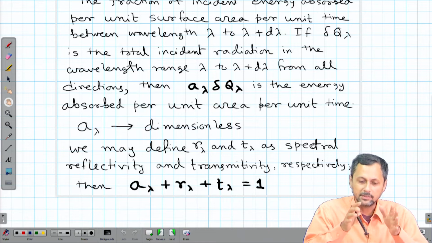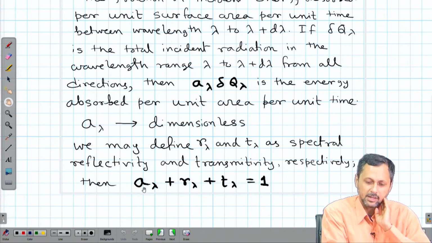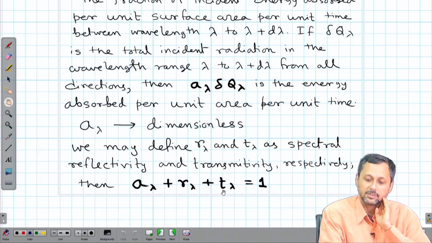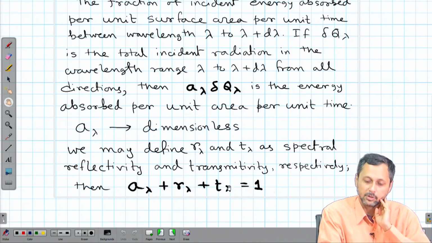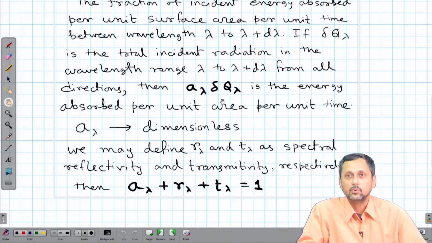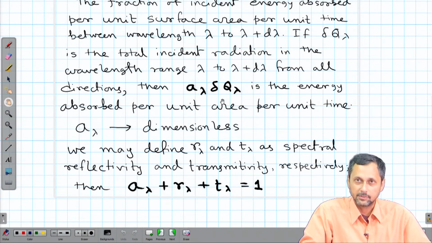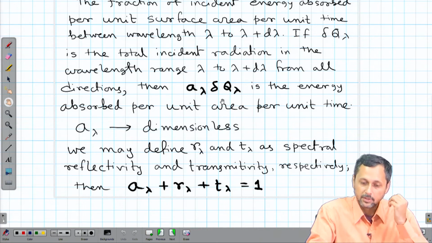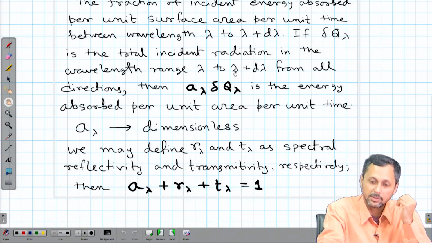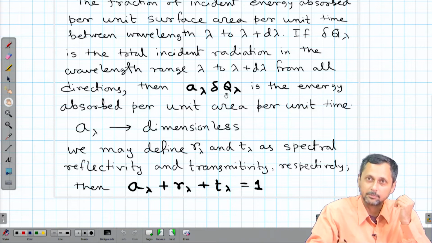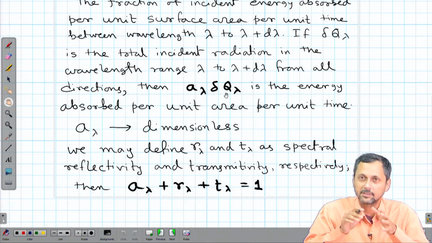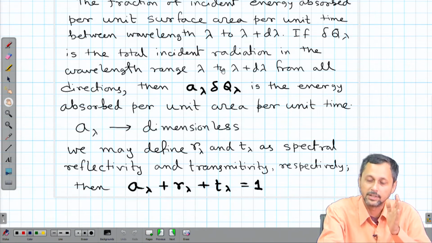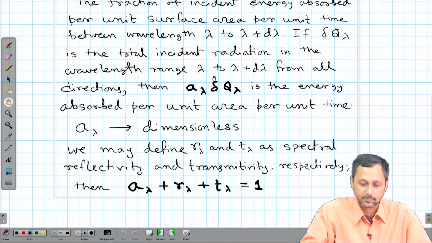That eventually means A lambda plus R lambda plus T lambda has to be equal to 1, because if total energy delta q lambda falls on a surface, the total amount that will be reflected plus transmitted plus absorbed by the surface should be equal to delta q lambda.